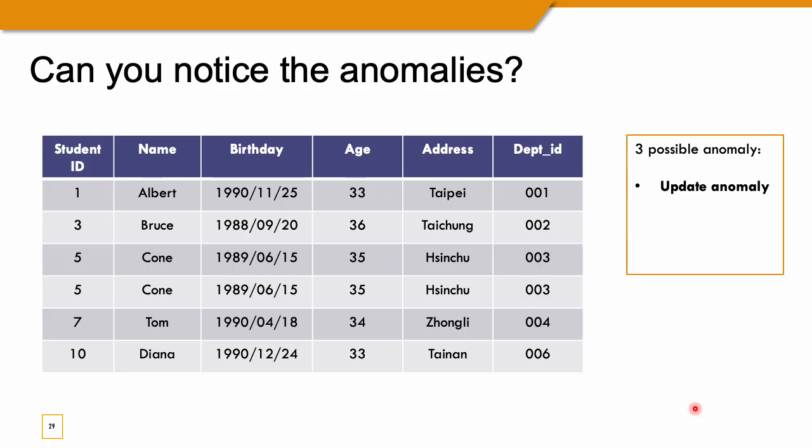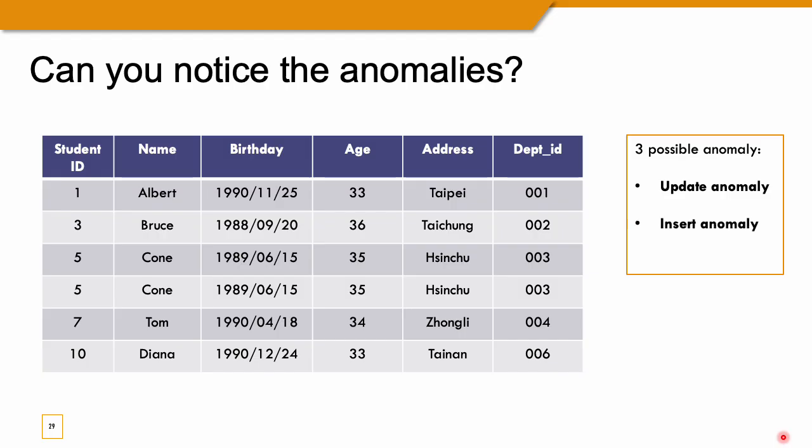In this table, if we want to update the address of Count, then we have to update all the rows where Count is present. If during the update we miss any single row, then there will be two addresses for Count, which will lead to an inconsistent and wrong database.